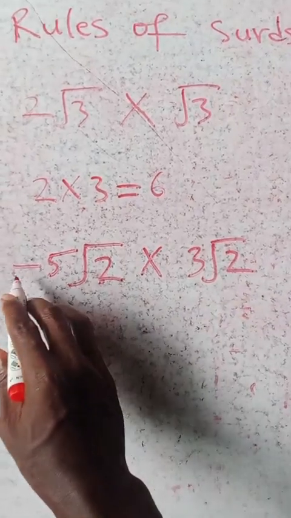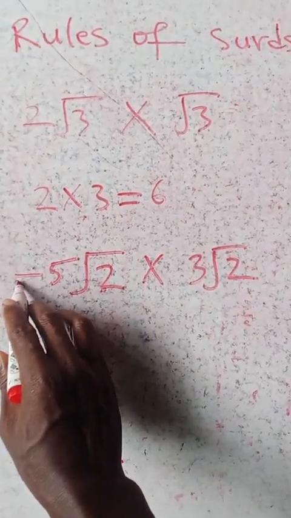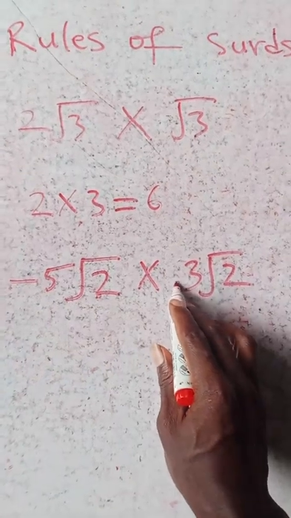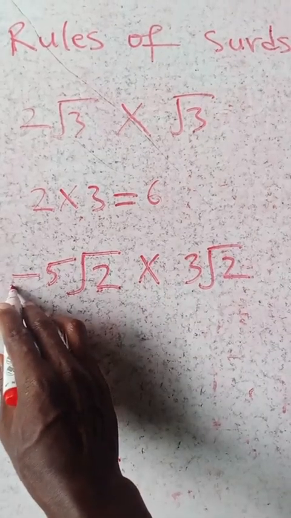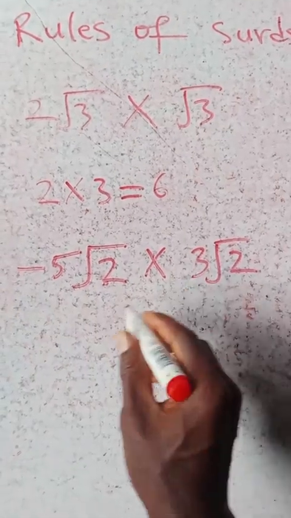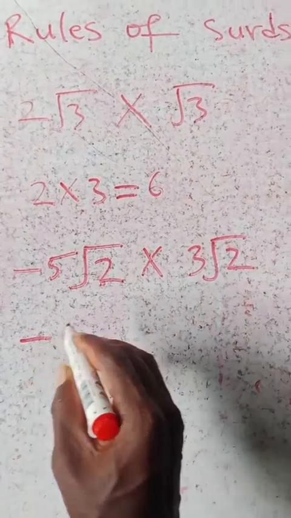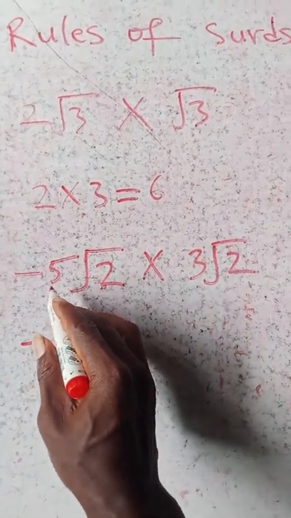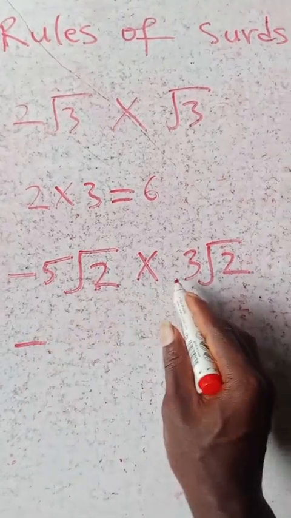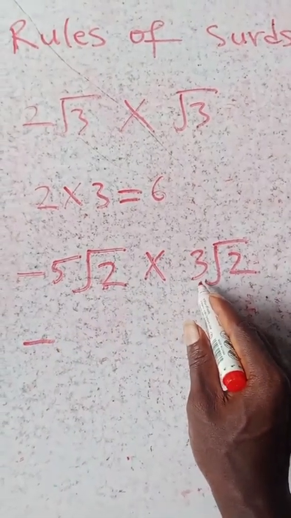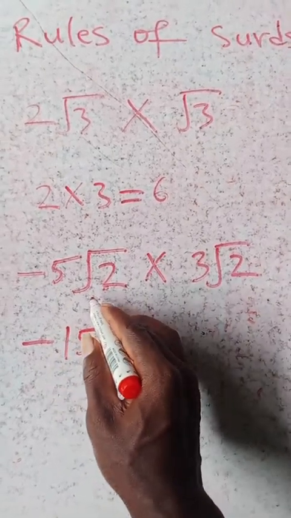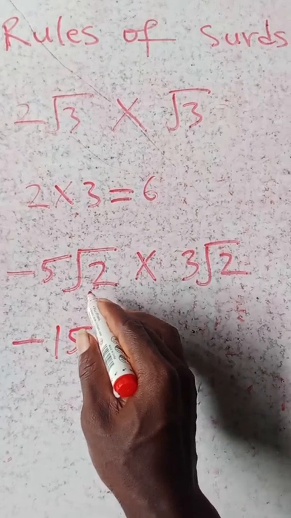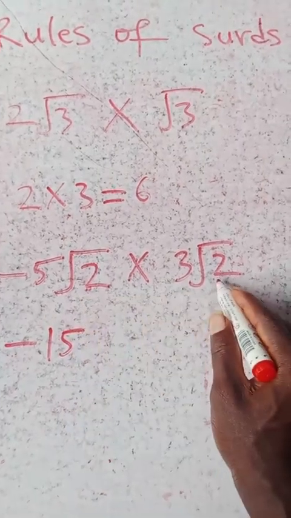We're going to multiply. Consider the signs first. This is minus, this is plus, an invisible plus. So minus times plus is minus. Then I'll multiply the numbers now. This is 5 times 3. 5 times 3 is 15. Then the roots. We multiply the roots now, root 2 times root 2.